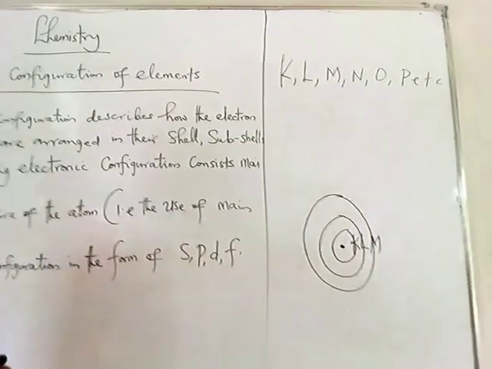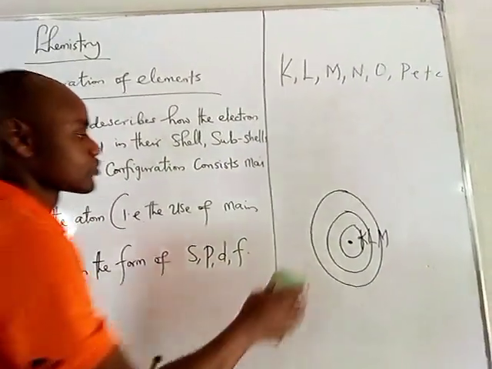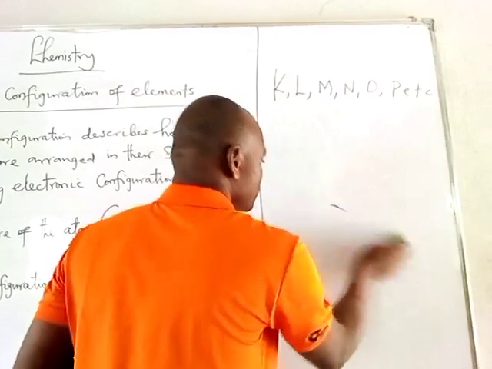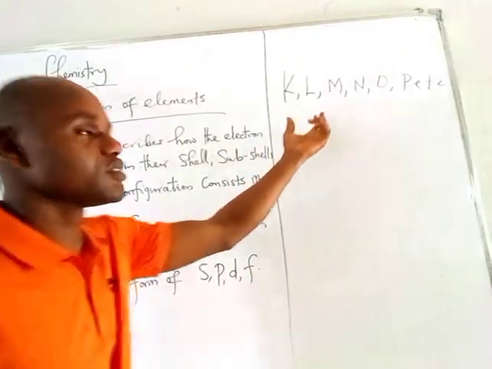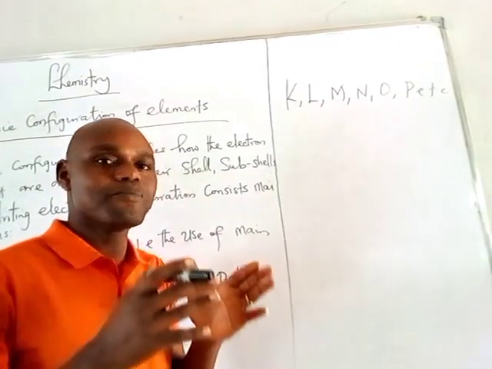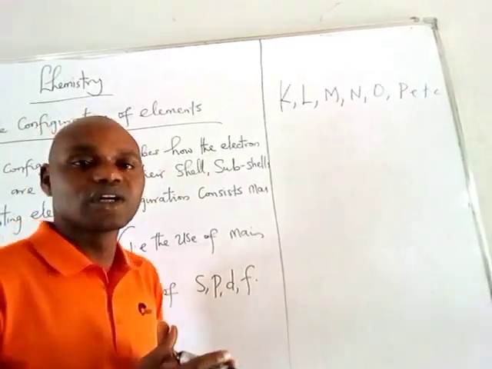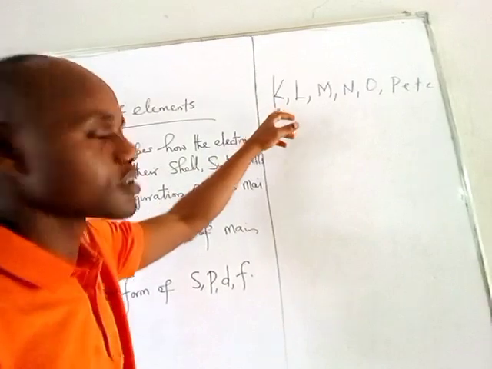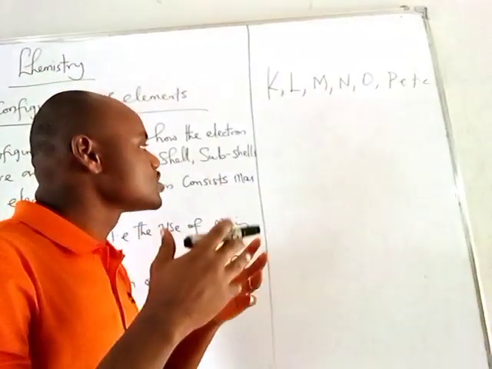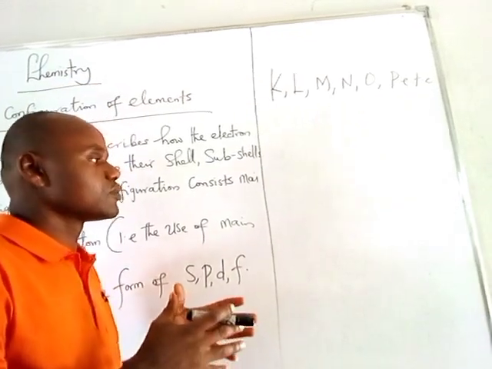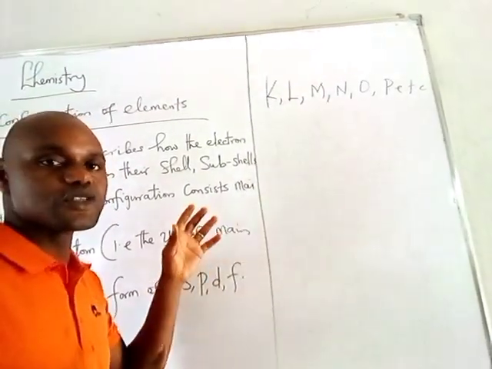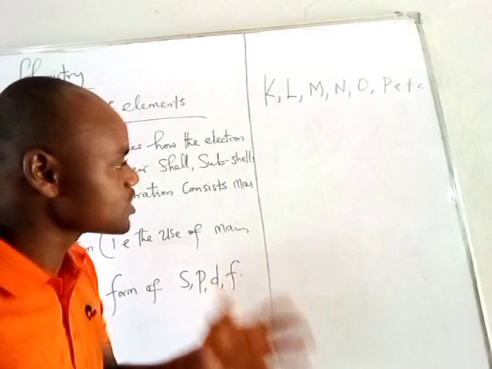Having said that, we also want to take note of this point too. Now, in each of these shells, we have to know the maximum number of electrons that can enter each of these shells. When we have this knowledge, it will be very easy for us to solve any problem relating to electronic configuration. Now, please, let's take note of this.